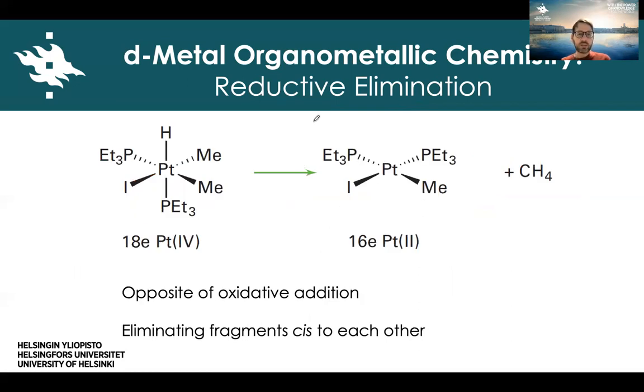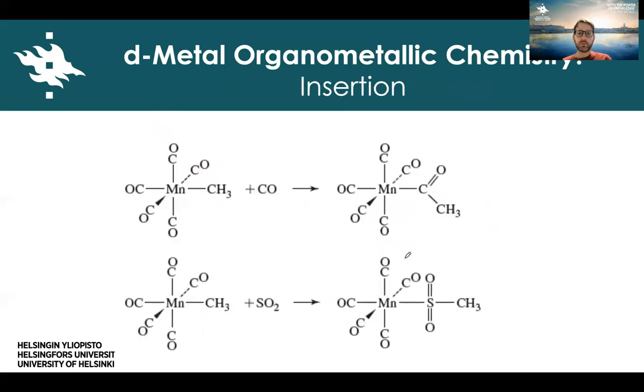Here we have an example in which methane is eliminated from the molecule, and there is a change in the oxidation number: platinum goes from 4 to 2. And the opposite reaction is the oxidative addition.